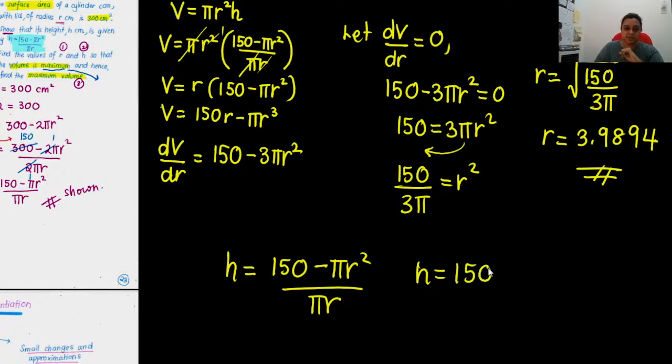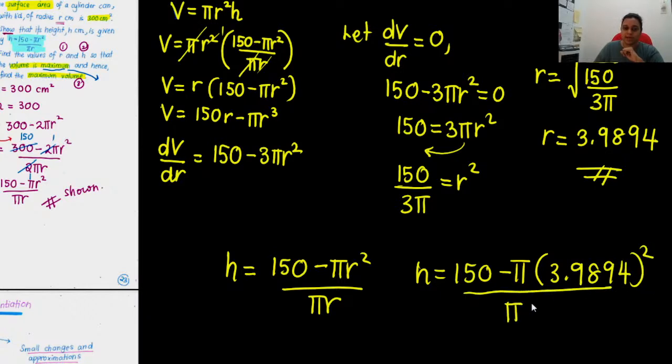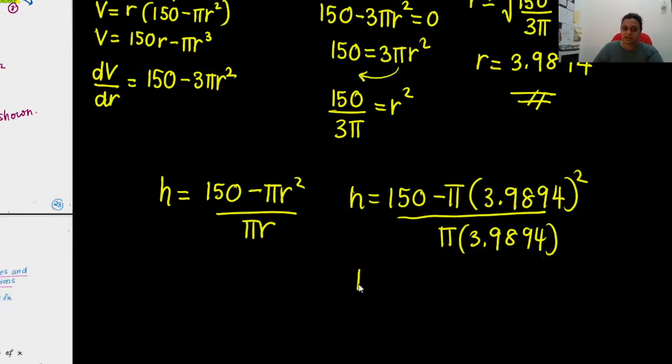So 150 minus pi times 3.9894 squared over pi times 3.9894.